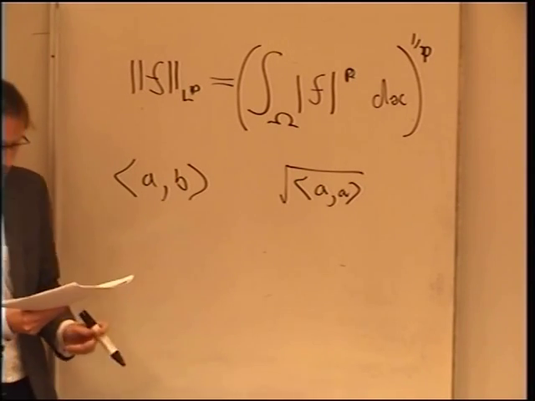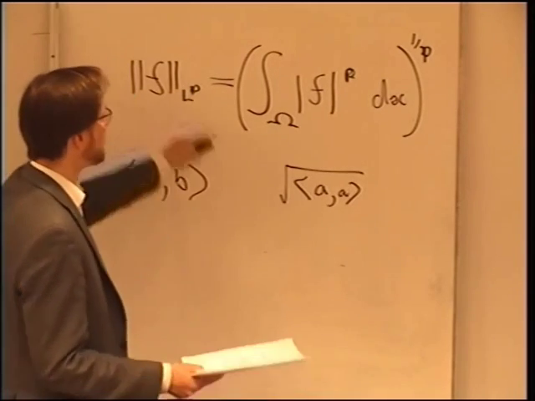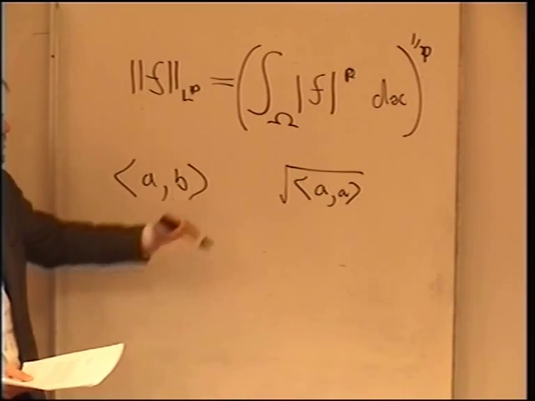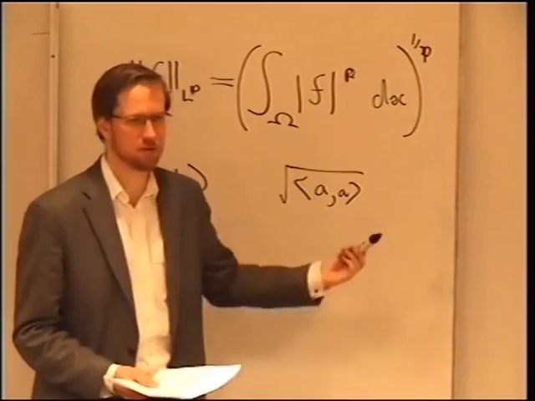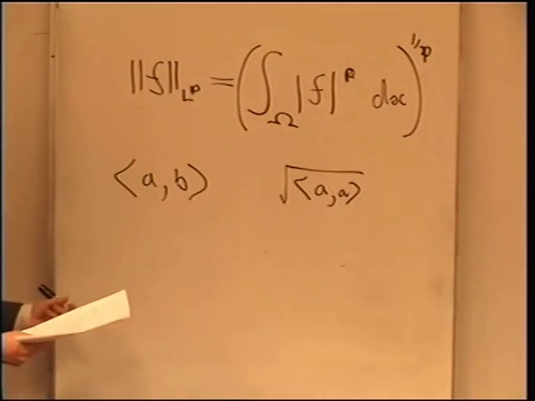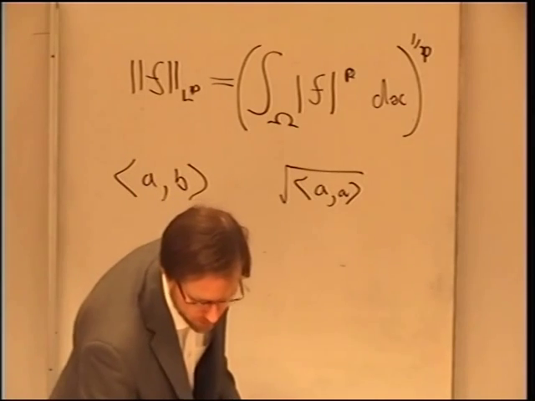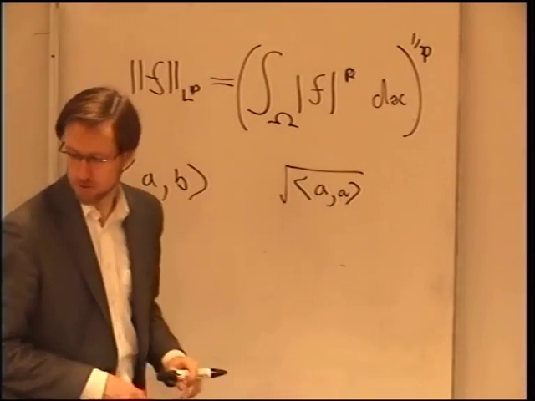But there are a couple of other ones that are really important to us. So one of them is the case 1. So L1 is the case of functions whose absolute value is integrable, and then you take the 1 over 1th power, so that you do nothing to them. And the other important case is normally infinity, which is not a number.